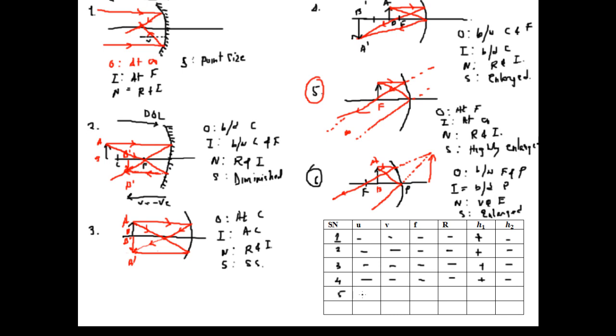positive. Okay, now we'll learn the ray diagram for convex mirror. For convex mirror it is very simple. There are only 2 positions. So this is the convex mirror.